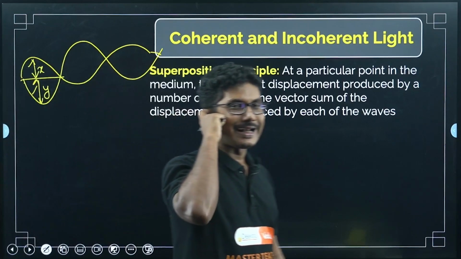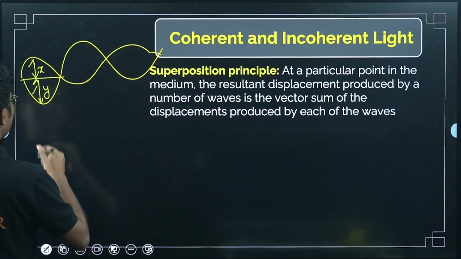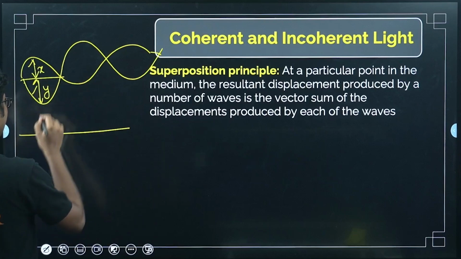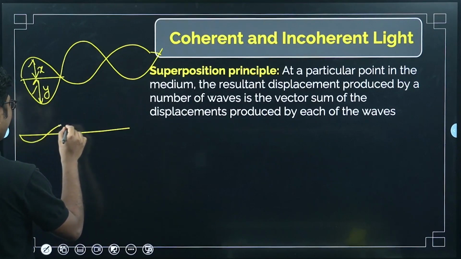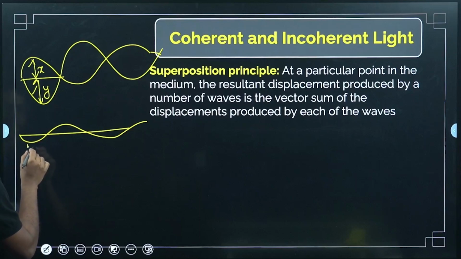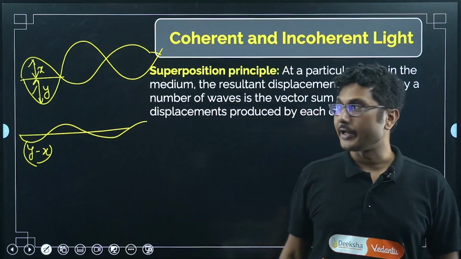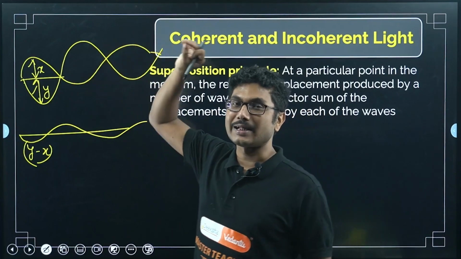What is the net displacement? Net displacement means what is the resultant wave. So the resultant wave, obviously we know that it will be x minus y or y minus x, whichever is larger. So in this case it appears y is more, so it will be y minus x. It will be the vector sum of all the waves that are falling at that point.